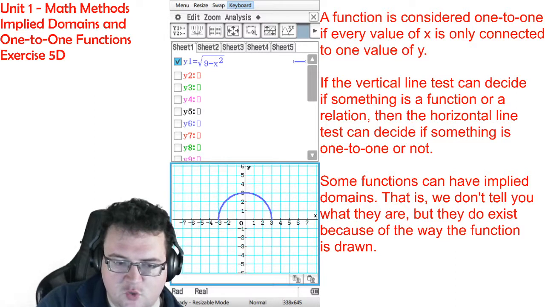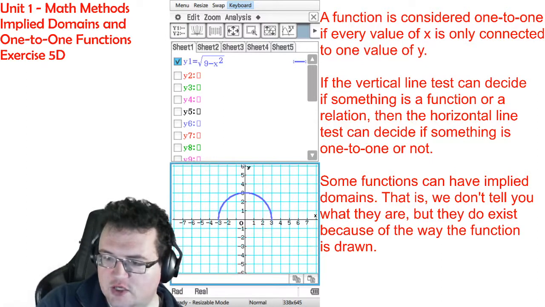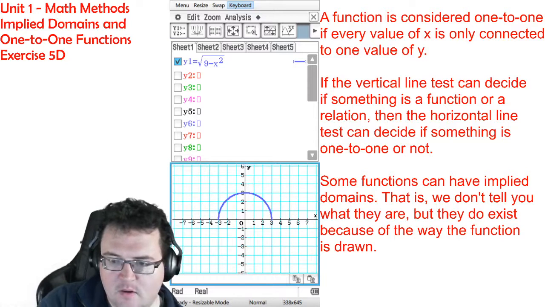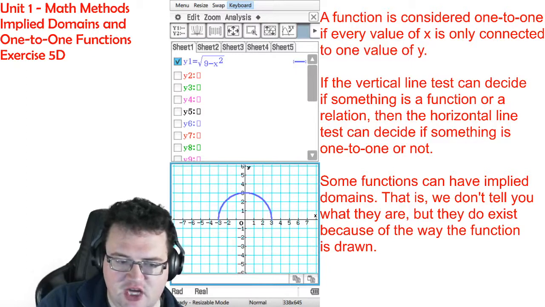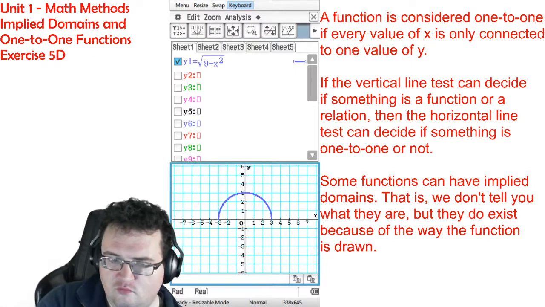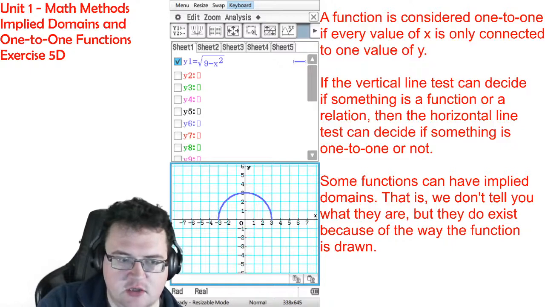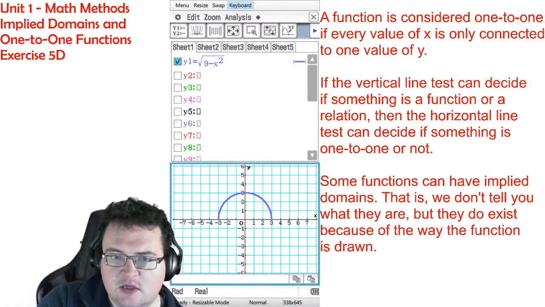Because it crosses twice at some point, the entire thing is not one-to-one. It is one-to-many, or one-to-two. Now, that horizontal line test is just something that you are going to have to remember and recognize.